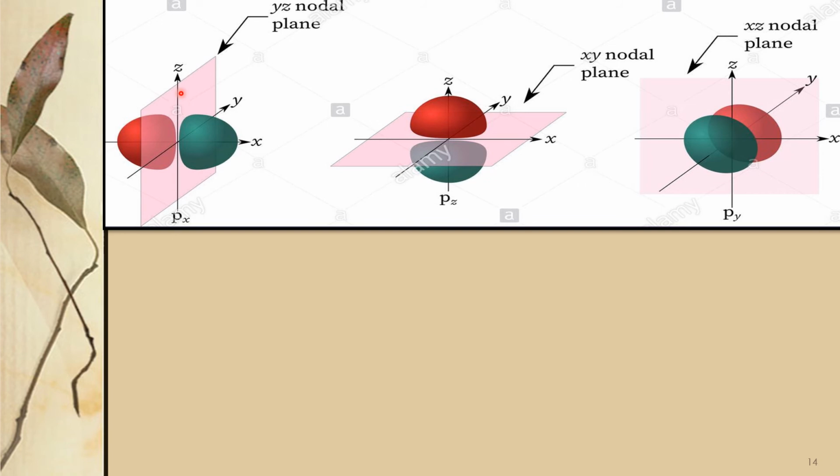So for the px orbital, the z and y are the nodal planes. In the same way, this is the pz orbital. On the z axis, electron is available, but on the y and on the x, it is not available. So this becomes the nodal plane for pz. This is the nodal plane for the px, and this is the nodal plane for the pz.